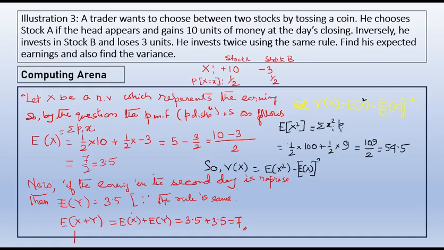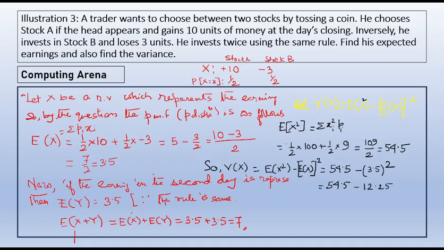So we can write this is equal to 54.5, minus expectation of x, which we have computed as 3.5, so it is 3.5 square. 3.5 square is 12.25.